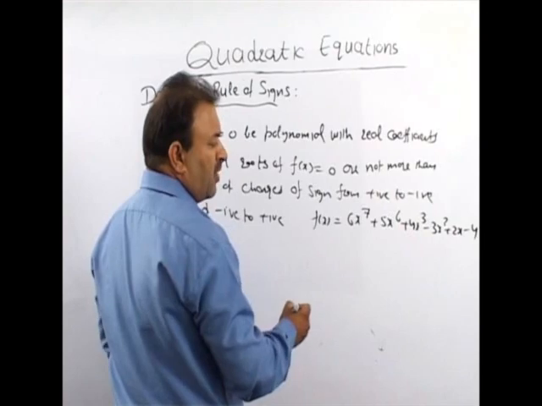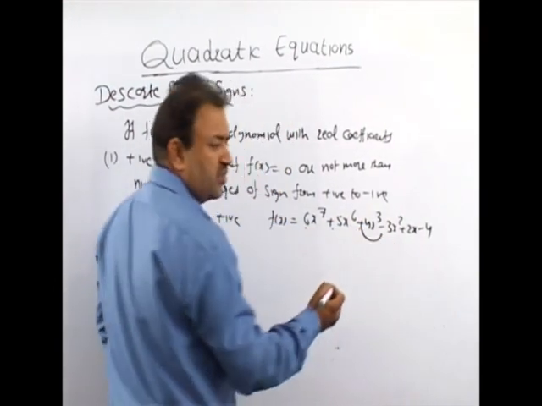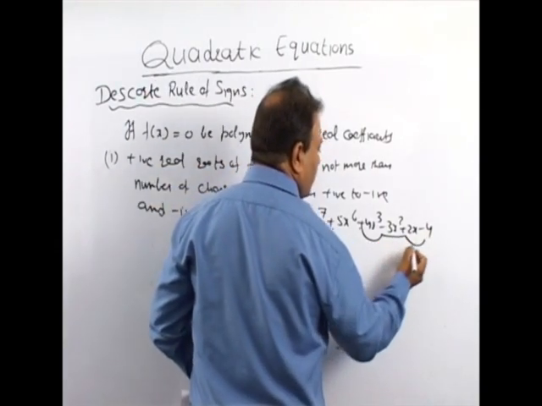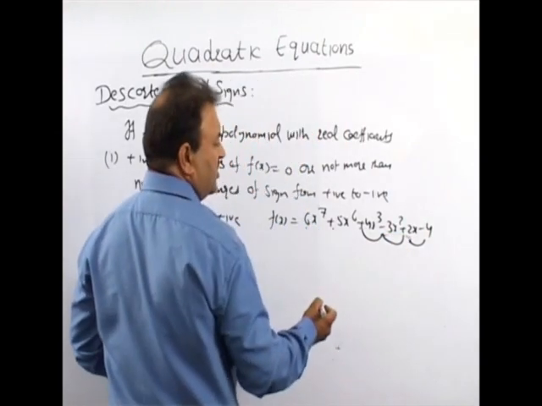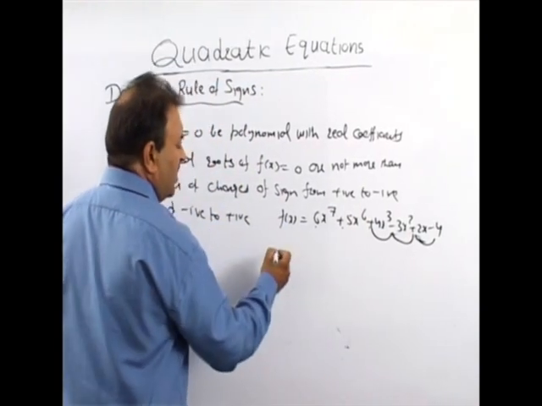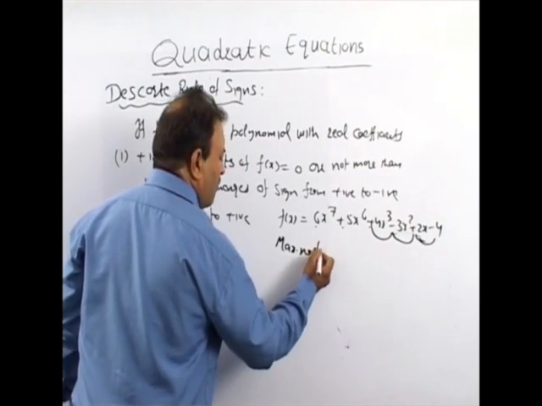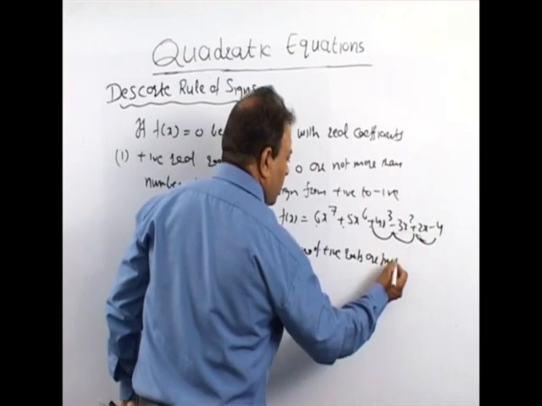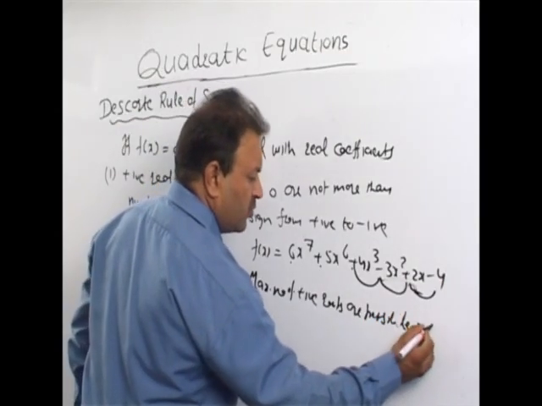If we look at the number of changes: positive to negative is the first change, then negative to positive is the second change, and positive to negative is the third change. So the maximum number of positive roots possible is equal to 3.